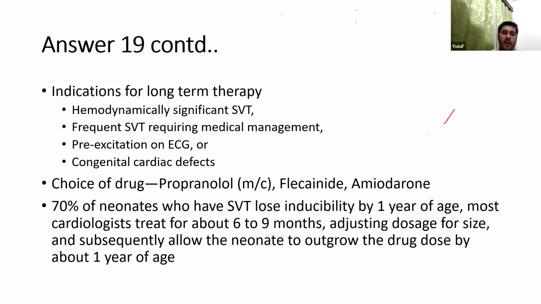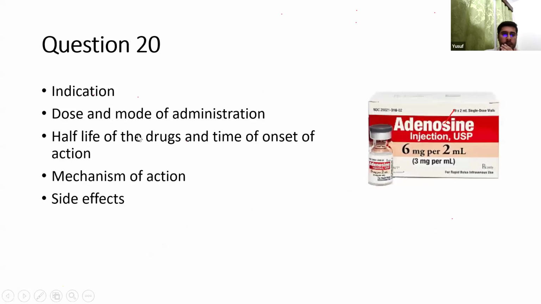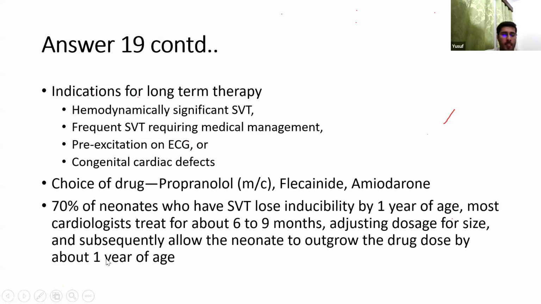There is something mentioned as pre-excitation. What do you mean by pre-excitation on ECG? Can you name some syndrome? Yes, very good, WPW. Is this premature excitation seen in the antidromic type or the orthodromic type of AVRT?